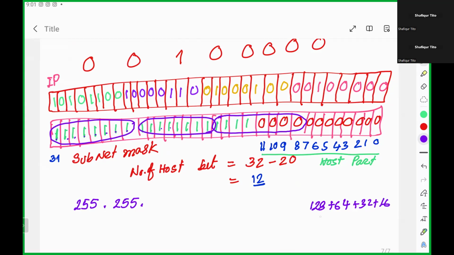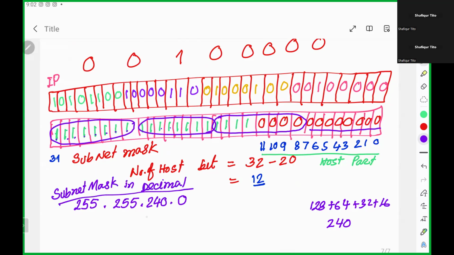That will give me 240. So this one is no longer 255, this is 240. And then this one is 0. So the last 8 bits is 0. So the subnet mask in decimal format will be this one, and this is in binary.